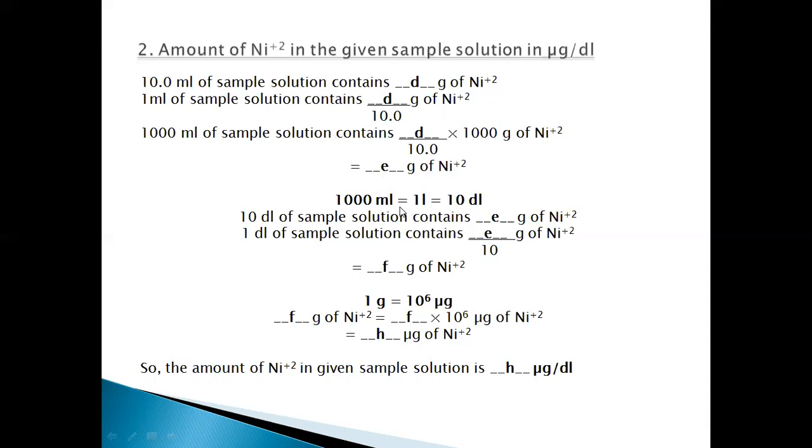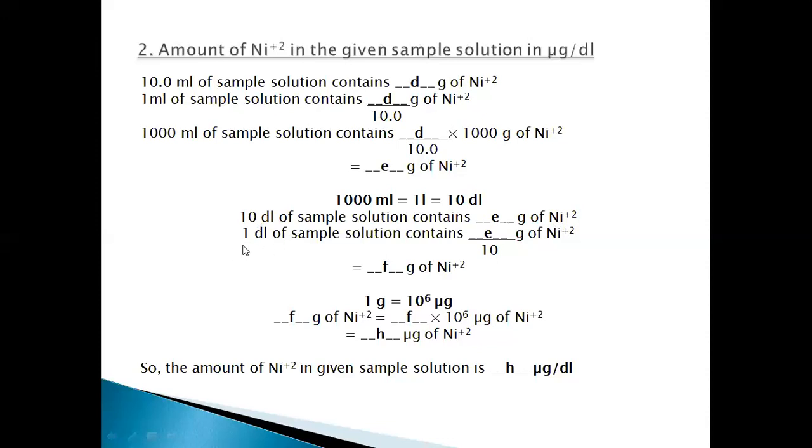The next step is to apply this conversion. We know that 1000 ml is equal to 1 liter and it is equal to 10 deciliter. So by applying this relationship, we can say that E grams of nickel are present in 1000 ml, or E grams of nickel are present in 1 liter, or E gram of nickel are present in 10 deciliter. So now I can say that 10 deciliter of sample solution contains E gram of nickel.